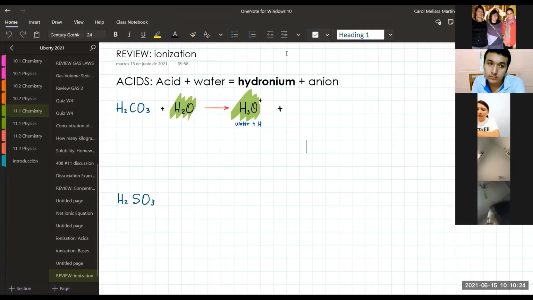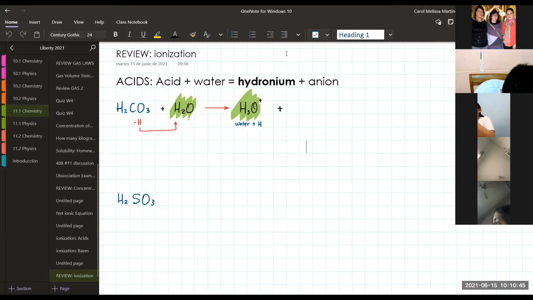Now, because here you add one hydrogen, it means that in the acid, you're going to take one hydrogen away because that hydrogen is going to go to the water. So because you're losing a hydrogen, you're going to get the anion.